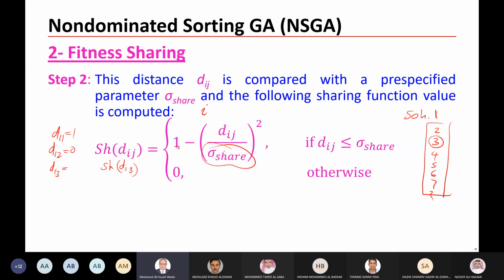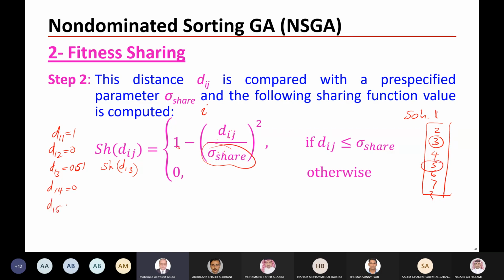If the ratio is, for example, 0.7, then 0.7 squared is 0.49, and 1 minus that is 0.51. D14, for example, is 0. D15 is in the neighborhood.